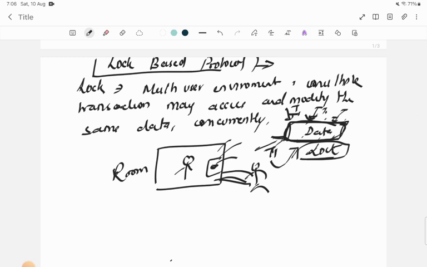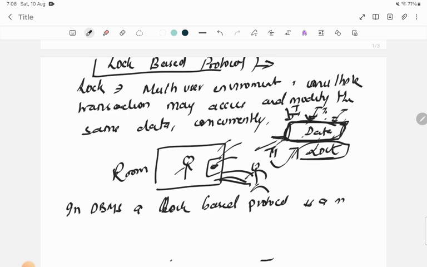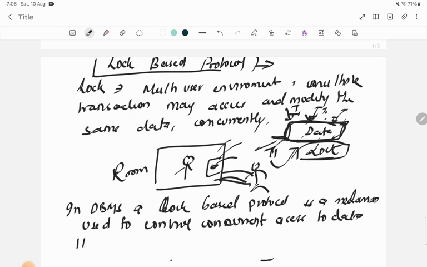And what is the lock based protocol? In DBMS, a lock based protocol is a mechanism used to control concurrent access to a data item by multiple transactions.